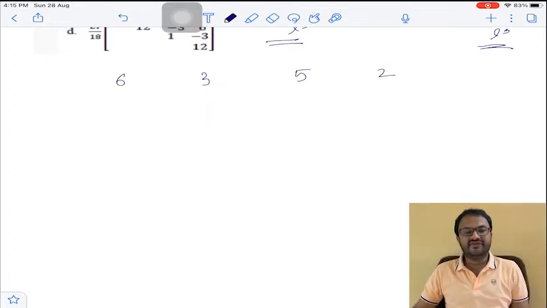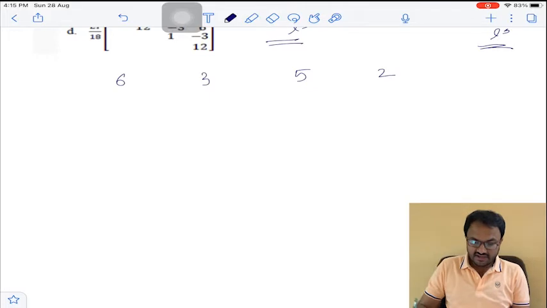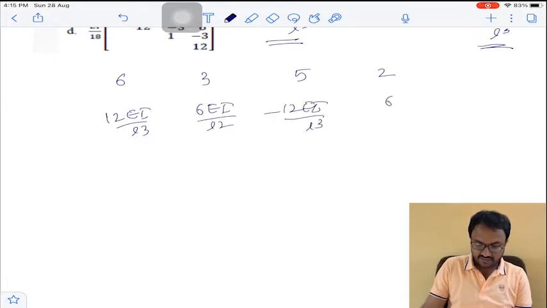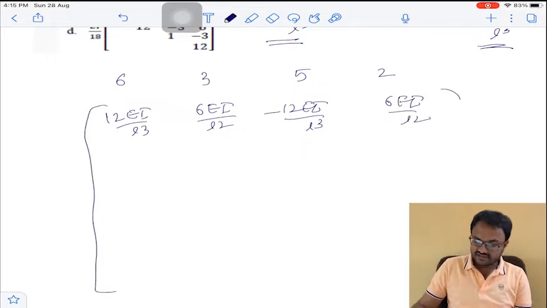So the matrix is 6, 3, 5, 2. This 6 is the degree of freedom corresponding to 6. So it will be 12 EI by L cube and this will be 6 EI by L square. It will be minus 12 EI by L cube, 6 EI by L square. Okay, so like this you will get a 4 by 4 matrix.